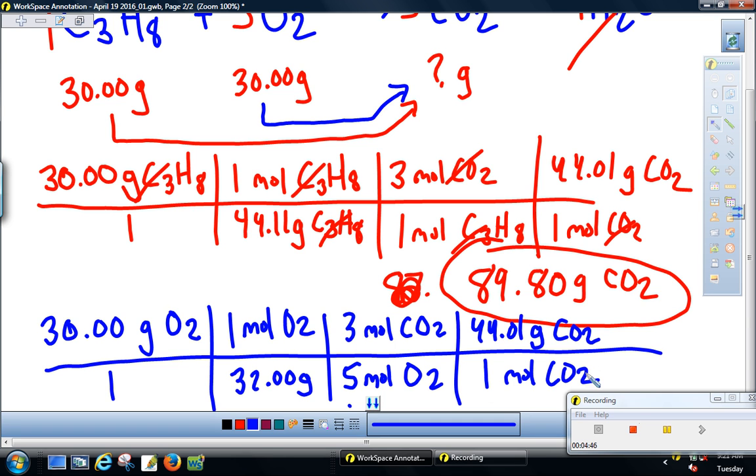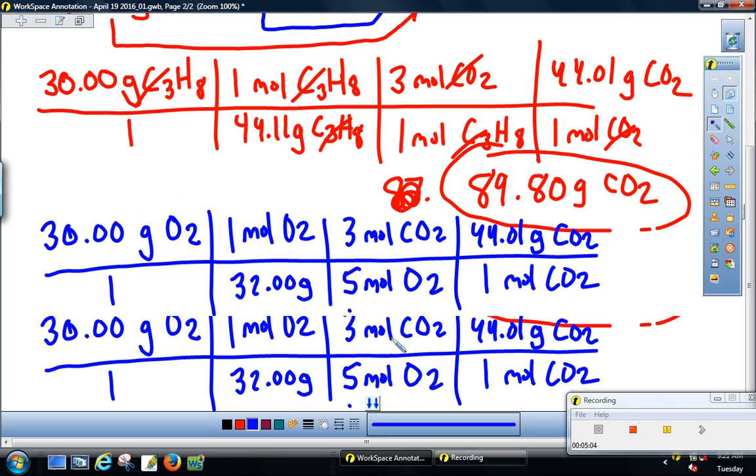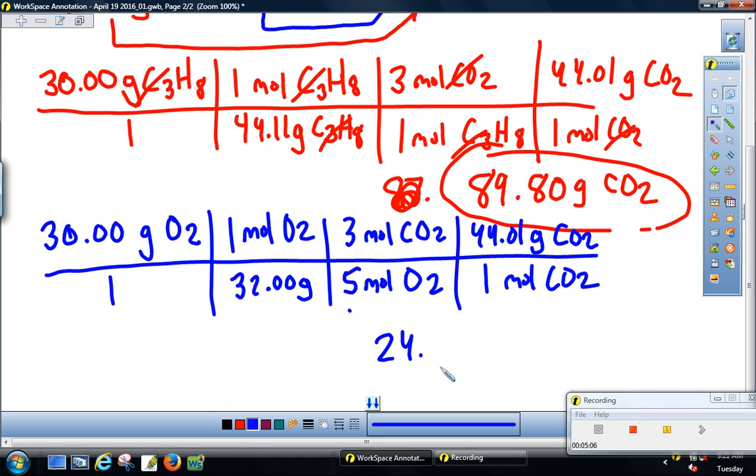So if we take 30 divided by 32 times 3 divided by 5 times 44.01, we get 24.76 grams of CO2.